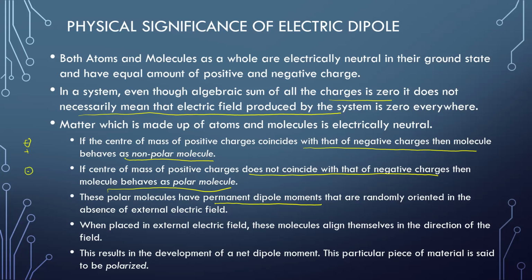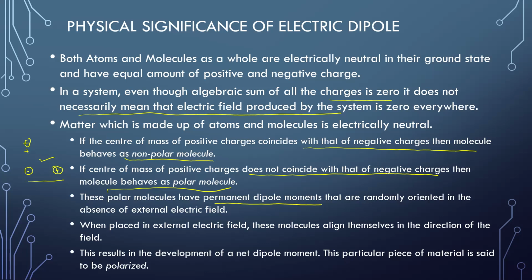So, in that case, the center of the negative charge is not coinciding with the center of the positive charge, and there is some distance in between, and therefore these molecules are said to be polar molecules, and they have a permanent dipole moment, which is randomly oriented in the absence of any electric field.